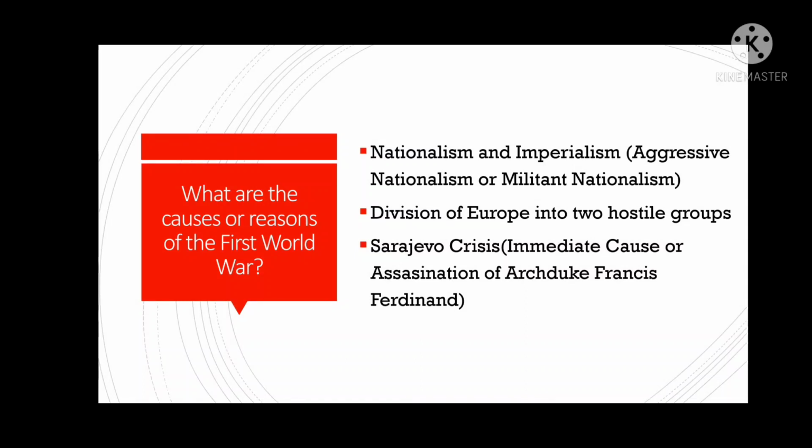The first cause is nationalism and imperialism. It is also known as aggressive nationalism or militant nationalism. You should learn all of it, because in the objective type questions they might give you aggressive nationalism, militant nationalism, or nationalism and imperialism.